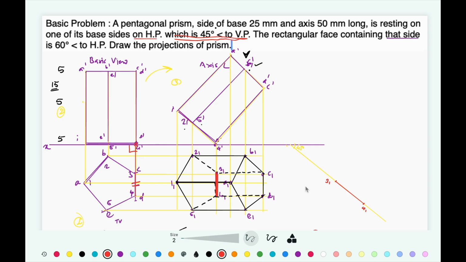that is 45-degree to XY, and then complete the remaining view as it is. So the same view we need to redraw. These two are the dotted lines.